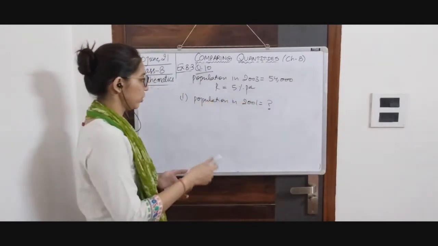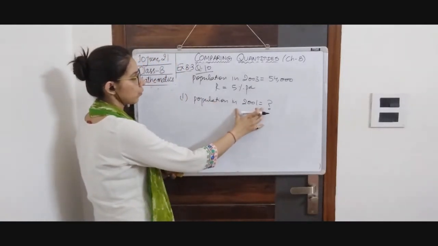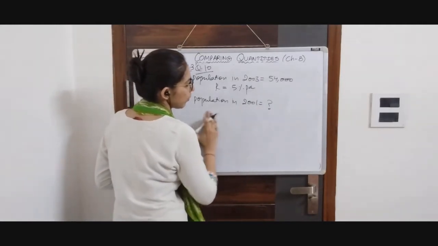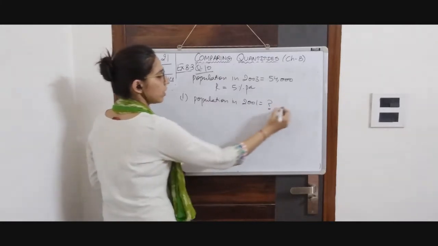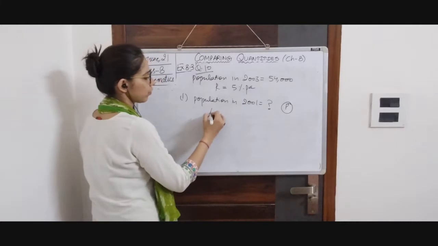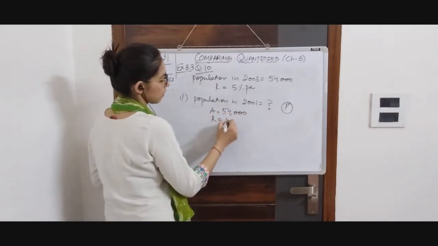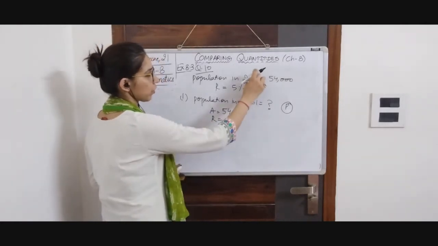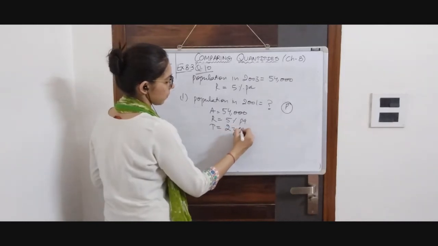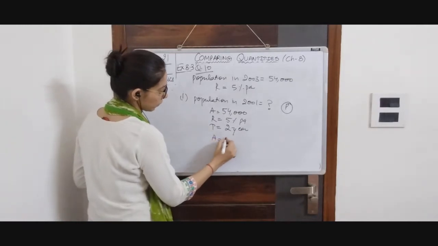Whatever the population was in 2001, it is going to be the principal. Whatever number of bacteria were there, it is going to be principal, and for them it is going to be amount. So A is 54,000, R is 5%, time period from 2001 to 2003 is 2 years, and we have to calculate P. We will use the same formula.